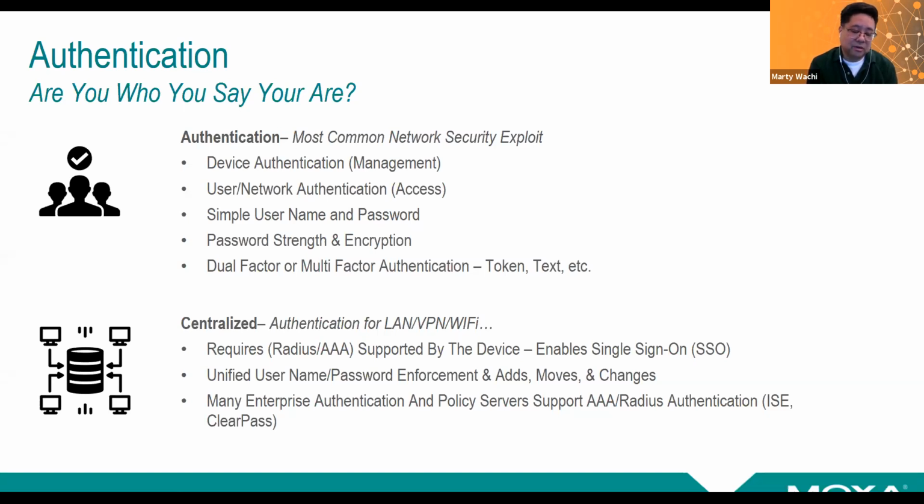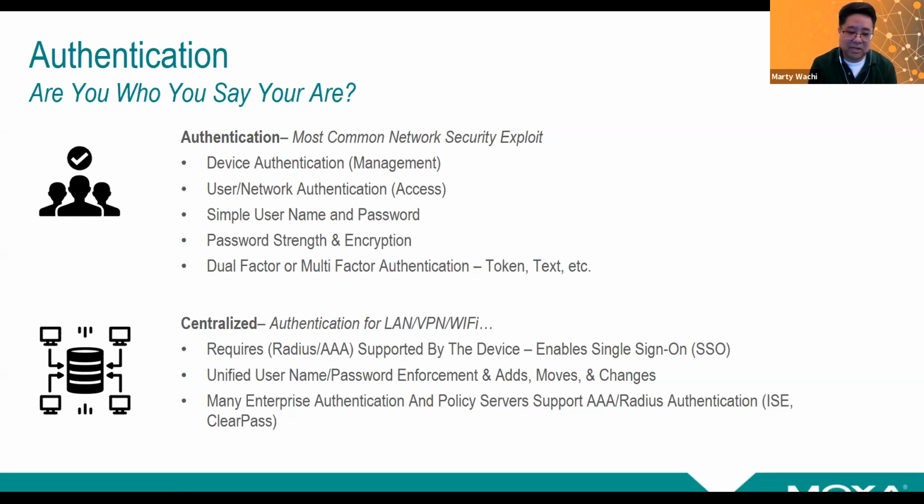To go hand in hand with the authentication is the centralized authentication for LAN, VPN, and Wi-Fi access. This is a little bit more complicated and not so straightforward sometimes, but does have a lot of benefits.